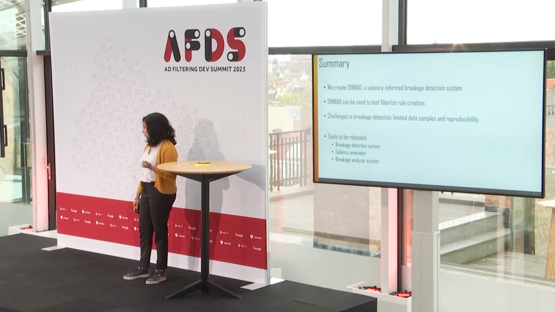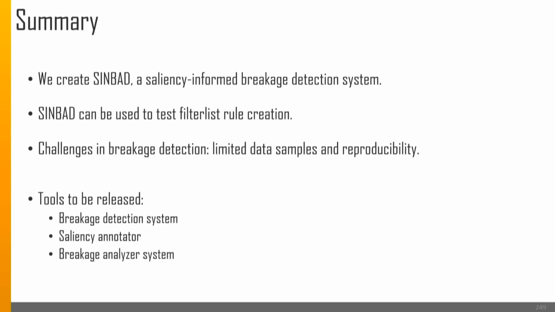And also, as part of this work, we've created a lot of tools. There's a breakage detection system itself, but also a tool for people to label what the salient regions of a page are. And we also have a tool for analyzing user reports of breakage quickly, and we'll be releasing that, and hopefully it will be useful to the community as well. And we envision that this system can be plugged into other systems.